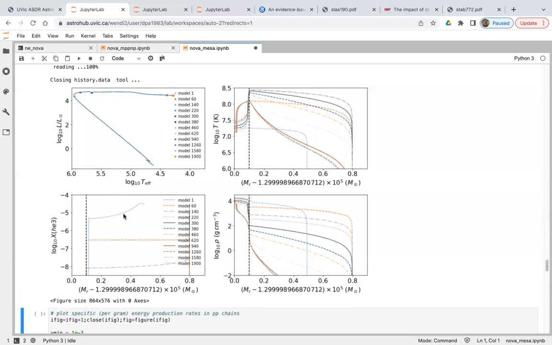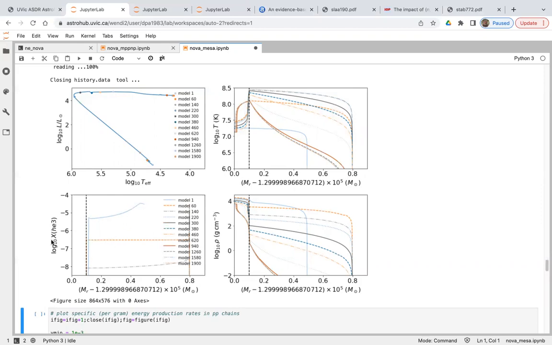Okay, so this is a useful plot. This is a 4-panel plot, which summarizes several nova model properties. The top left is again the Hertzsprung-Russell diagram. The top right shows the temperature profiles that I already showed you. The bottom right is the density profiles, and the bottom left is the mass fraction of helium-3.